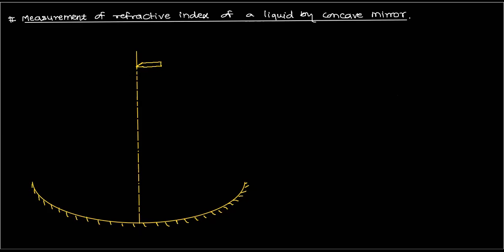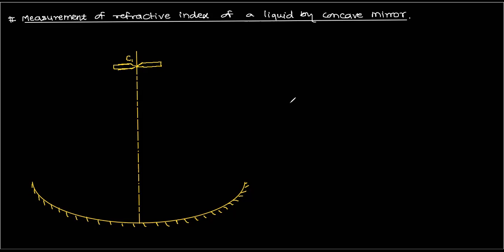And then as this is the center of curvature, this is C1, suppose, the center of curvature for this mirror. If the object is at the center of curvature, its image is also formed at the center of curvature, so you get the image somewhere here only. There is no water. So you get the image here only.